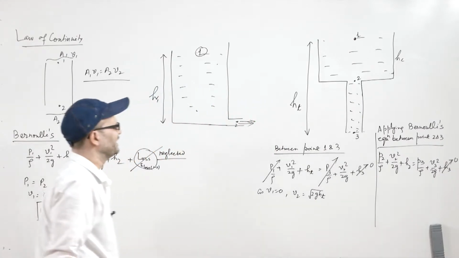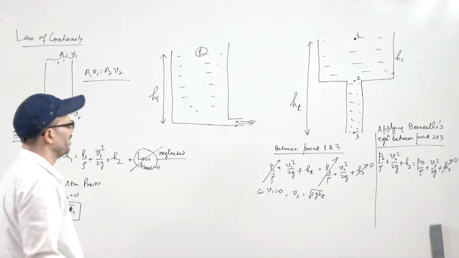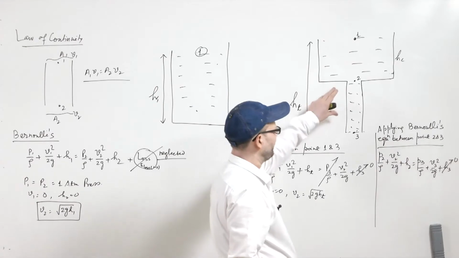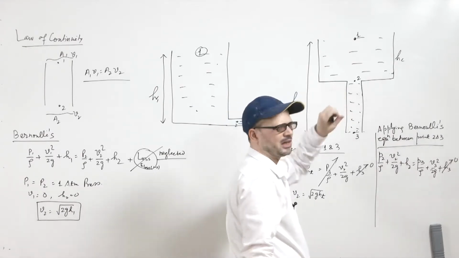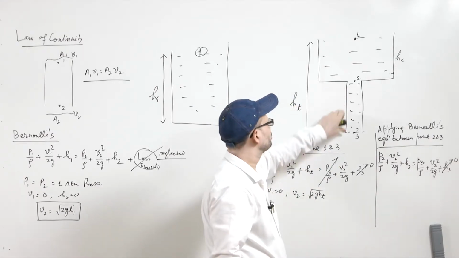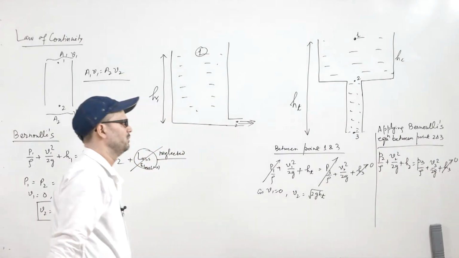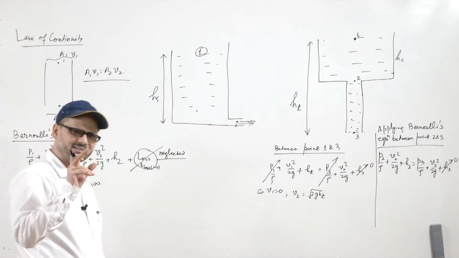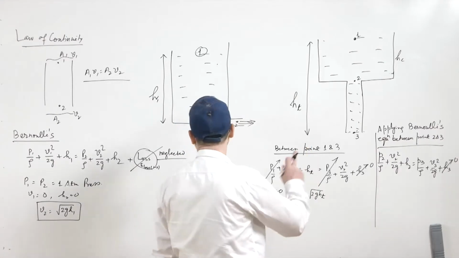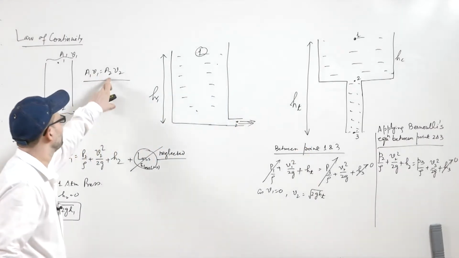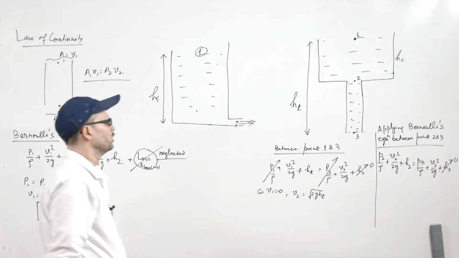Now, if you apply the continuity equation between these two points, it tells that A1V1 will be A2V2.